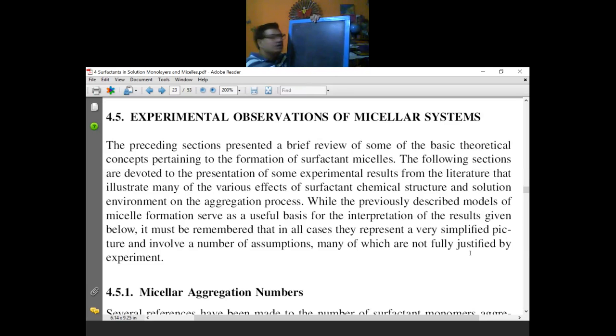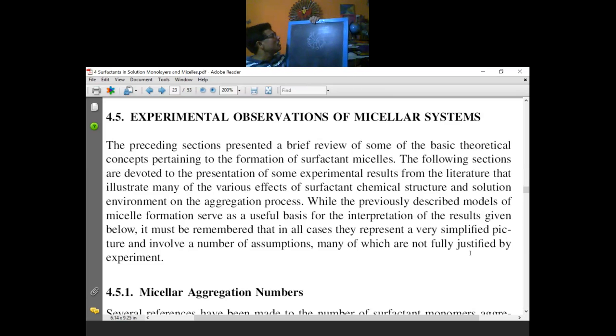Now, how to determine the aggregation number? Suppose this is a micelle. There are different methods. Let me discuss one or two or three methods.